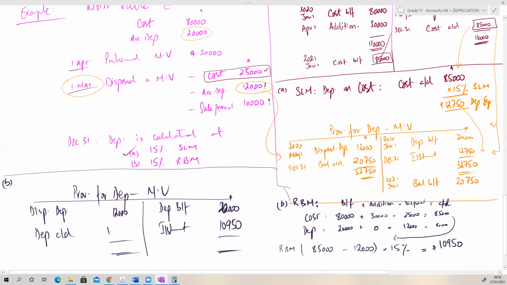This is 18,950. After that, depreciation brought forward 18,950. Okay, so this was a brief example of the ledger accounts of depreciation.